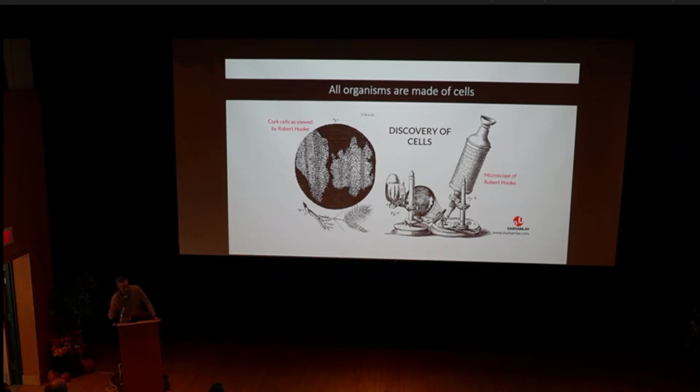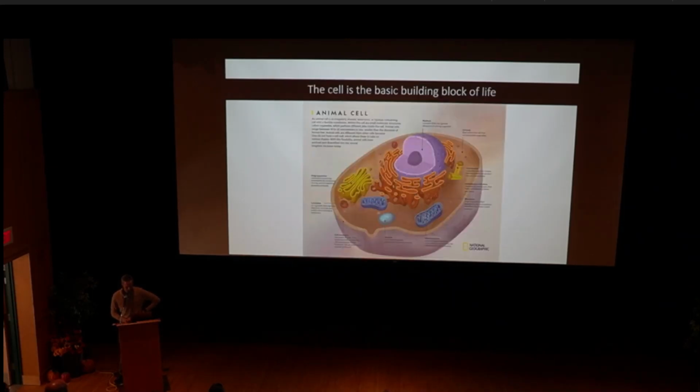Now these are dead cells, but they reminded him of the small cells in a monastery, and so that's why they named it after that. So this is 1655. We start to get to the idea that all organisms are made of cells, which is one of the main principles of classical cell biology.